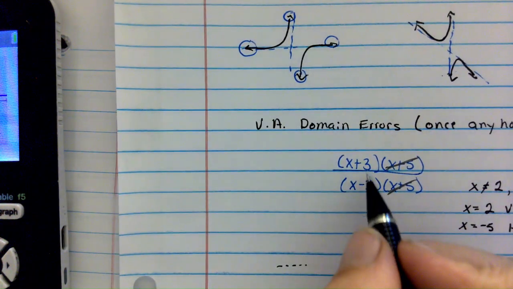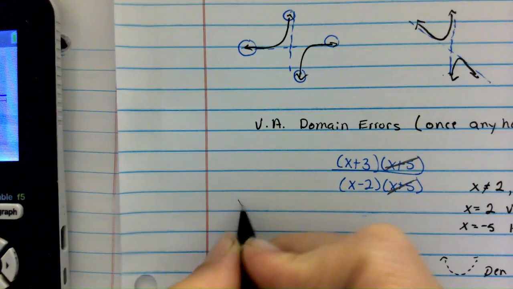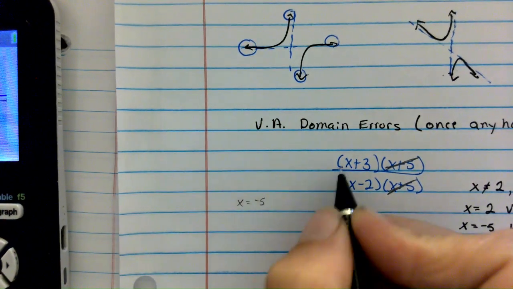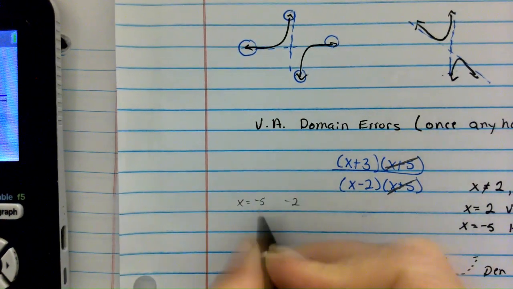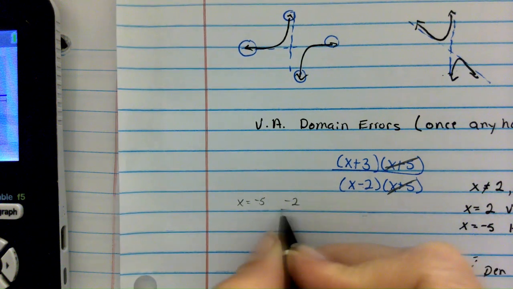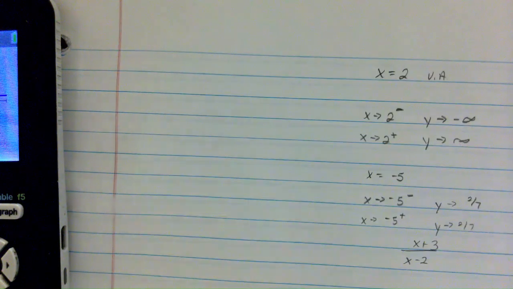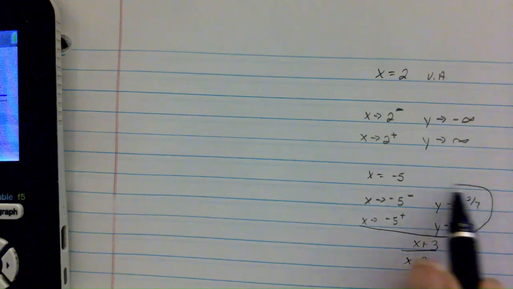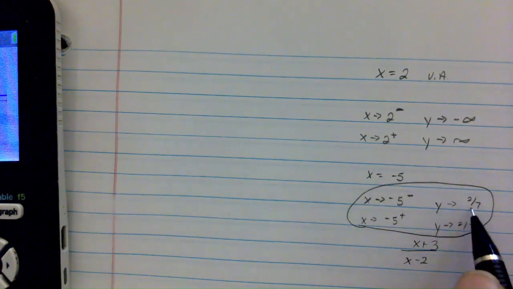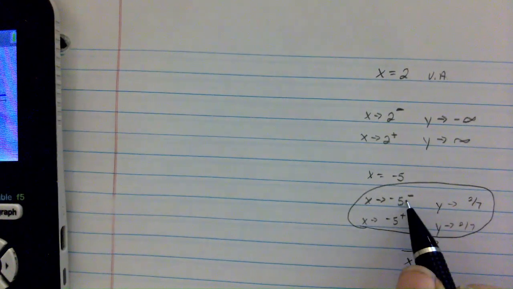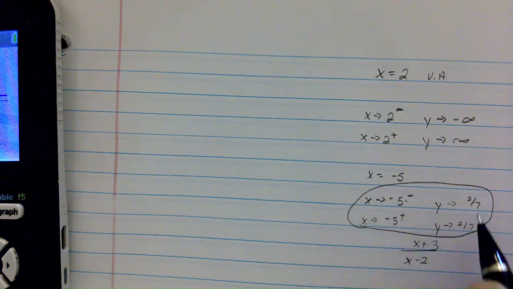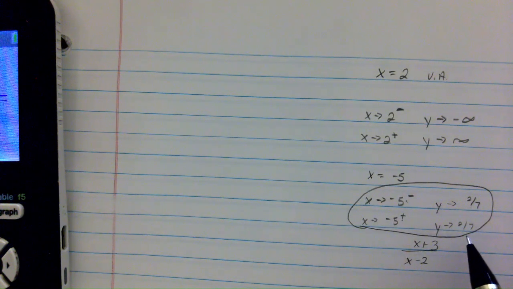If we substituted negative 5 into the reduced version, when x equals negative 5, we get negative 5 plus 3, that's negative 2. Negative 5 minus 2 is negative 7. Negative divided by negative is a positive. So here, that's the other clue that this is a hole: whether you're on the left side of negative 5 or the right side of negative 5, your y values are about the same.